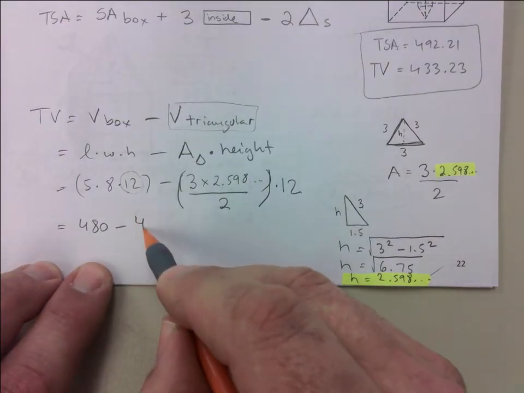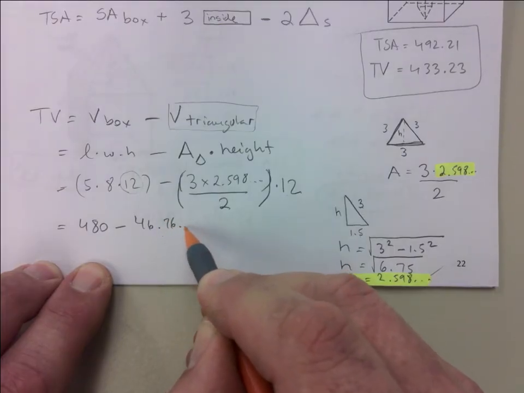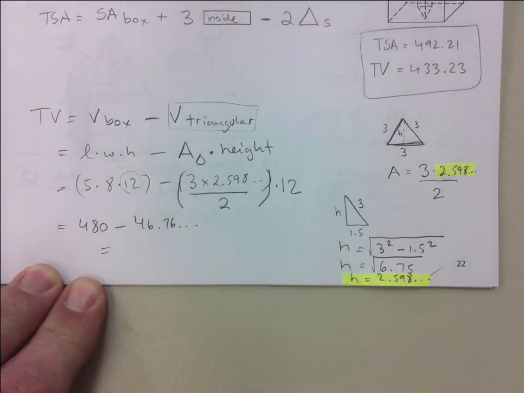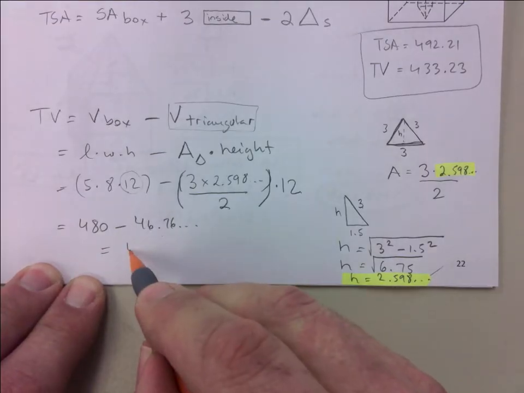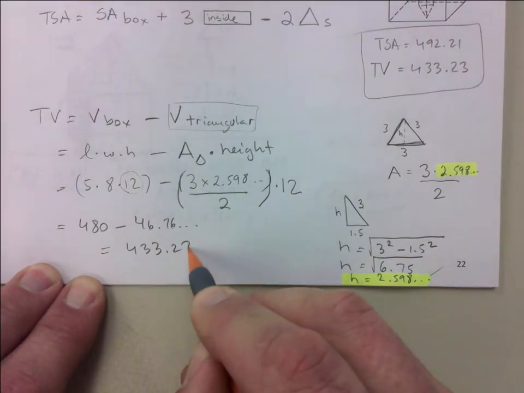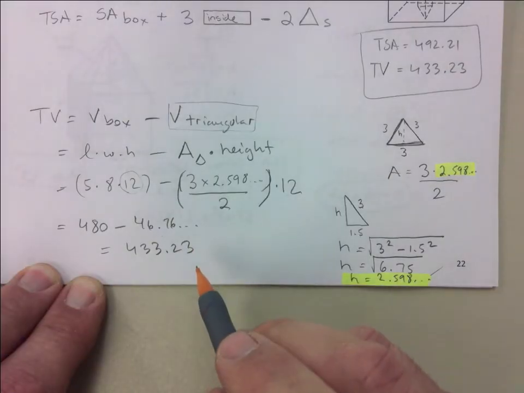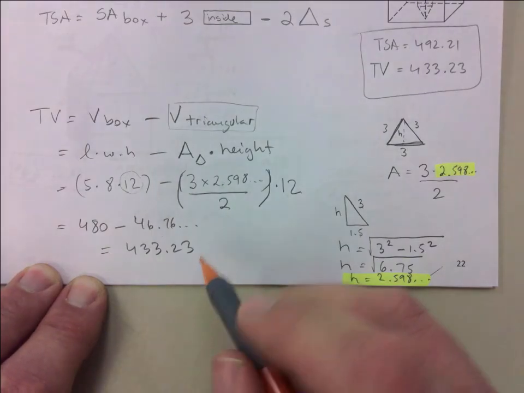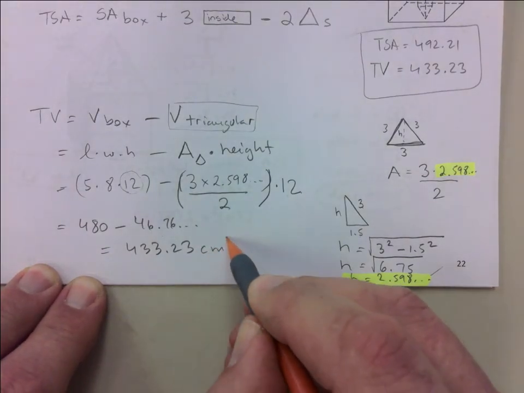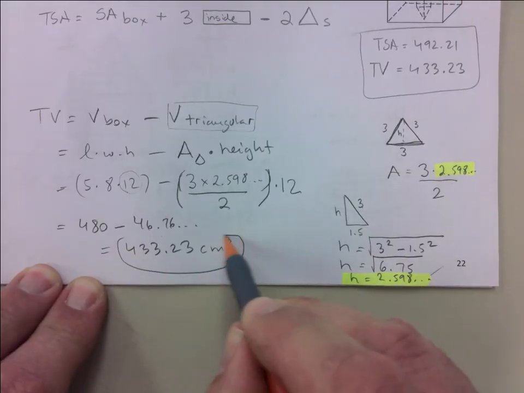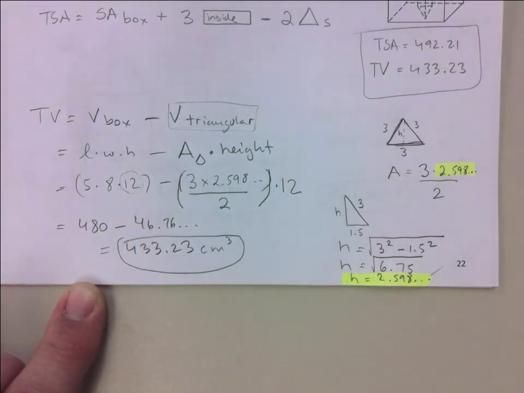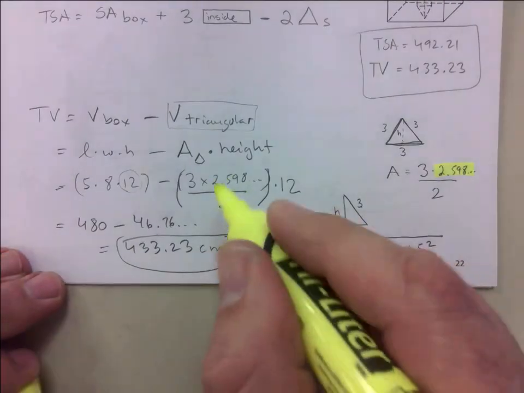That is 46.76 something. So that's 433.23. And we are in centimeters. Centimeters cubed. And I will highlight the height here one more time.